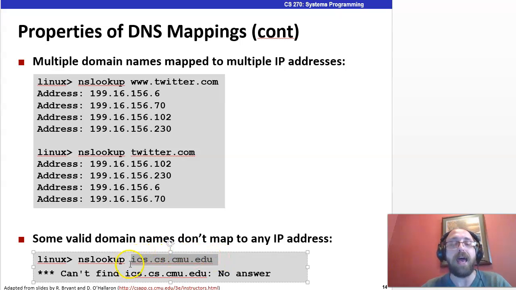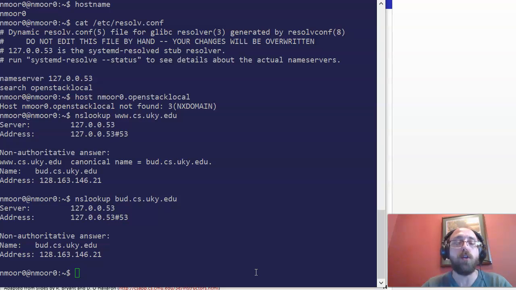So something at ics.cs.cmu.edu, for example, goes to a particular server. So even though ics.cs.cmu.edu, for example, doesn't have an IP address, you can still send email to that because of the entries in the DNS.